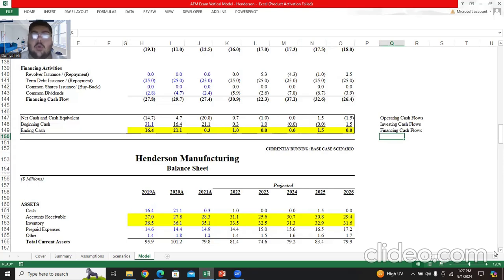If you look at your opening balance or beginning cash, your last year's closing balance is part of your current year's opening balance, as it has been referred here.